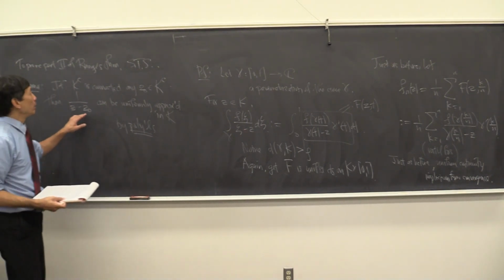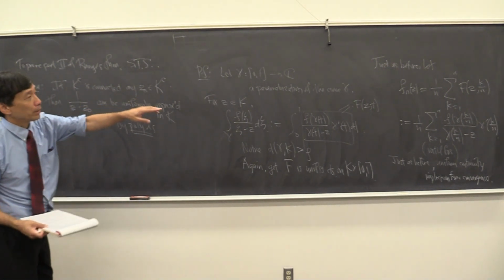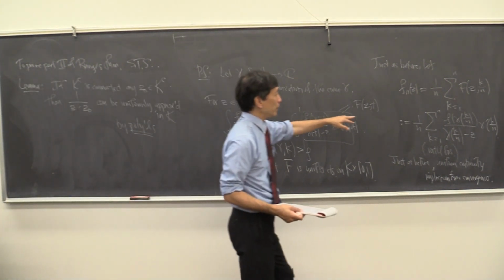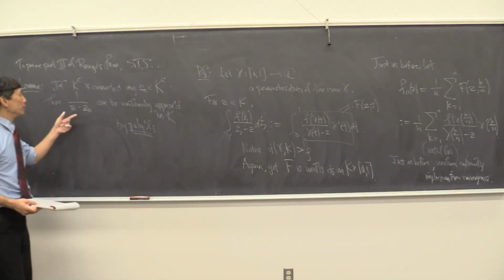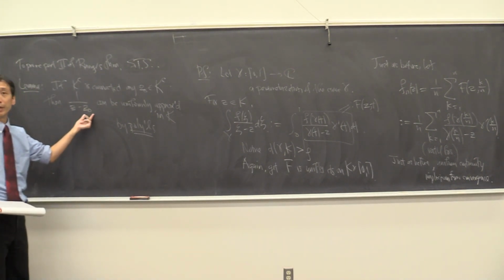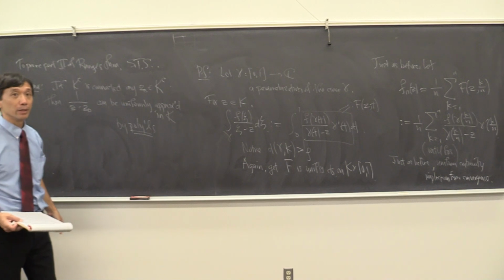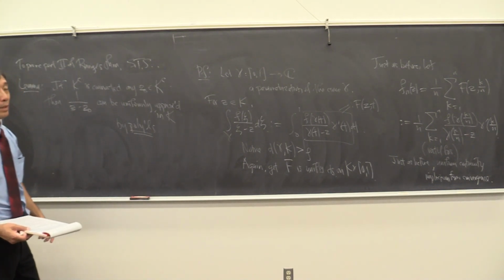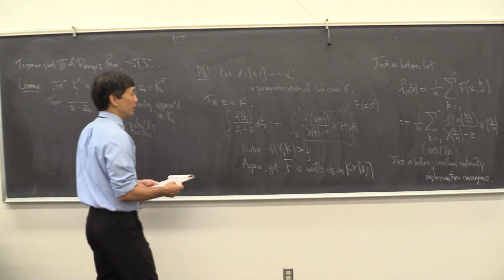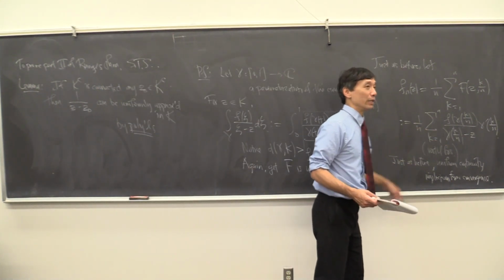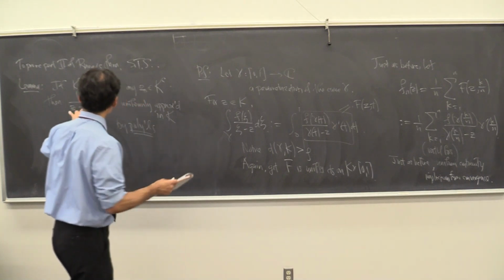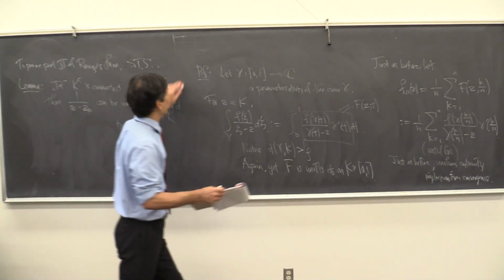Because all of the rational functions that we created are things of this form, 1 over z minus some point that's outside of K. The singularities are all outside of K, so all we need to do is deal with these.